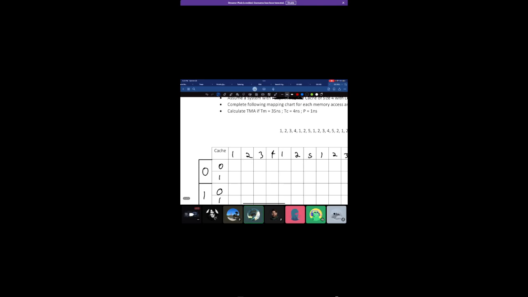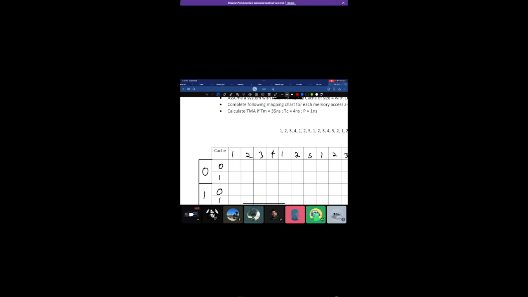So with two-way set associative, how we saw with direct mapping and fully associative mapping, two-way set associative is kind of the best of both worlds, where direct mapping is used to determine what set we're going to use, and fully associative mapping is what we use to determine what location we're going to put our element in, right?